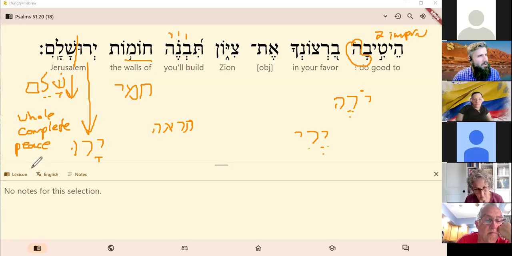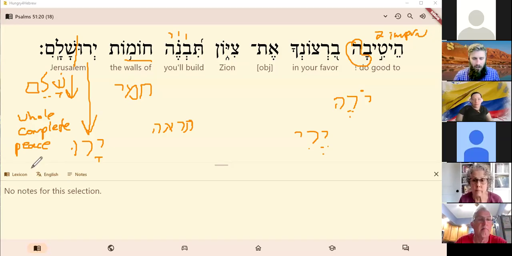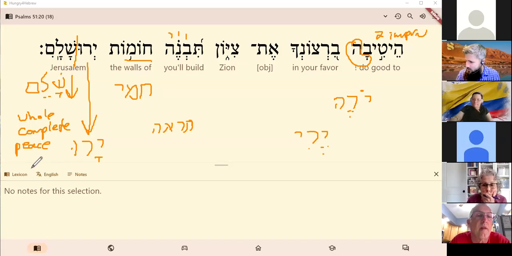What's the word I'm looking for? Recompense. I'm thinking of like an accounting term. Like I have a balance and I can reconcile the balance, something like that.